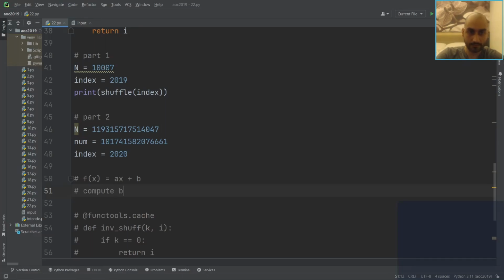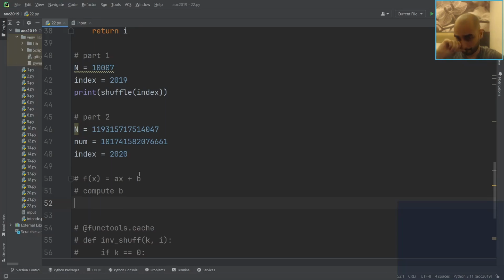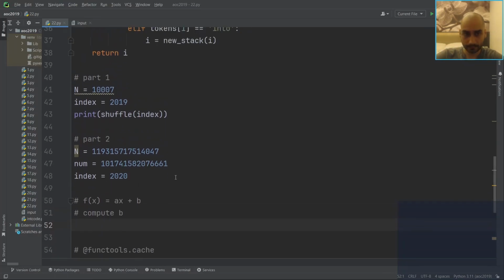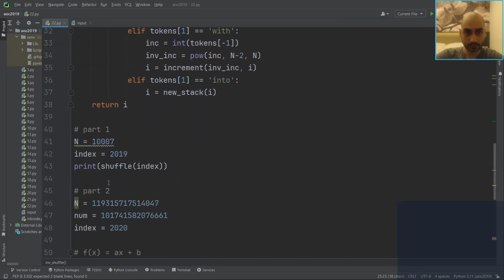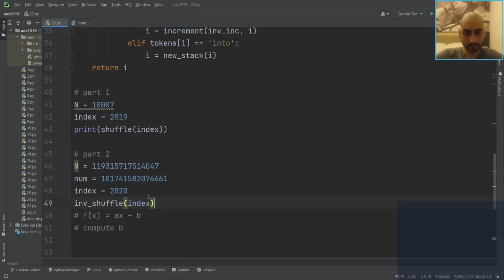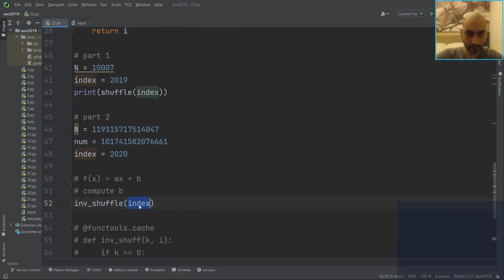Alright. Compute b. So if we do inverse shuffle of 0, would that just give us B then? Yeah. It will, won't it?